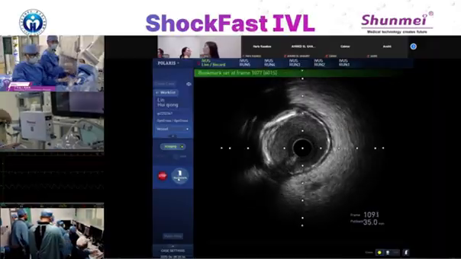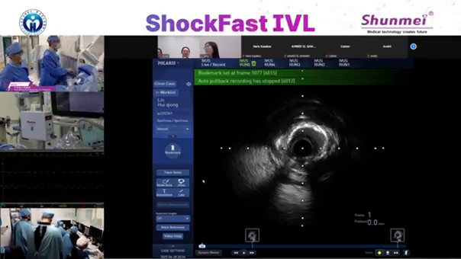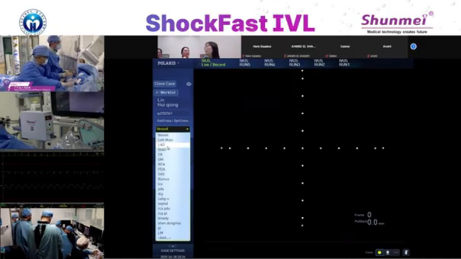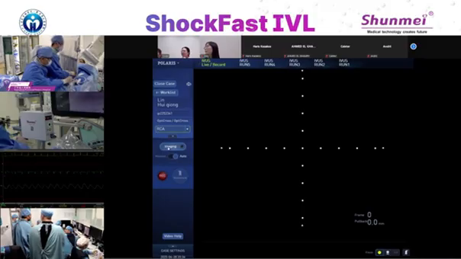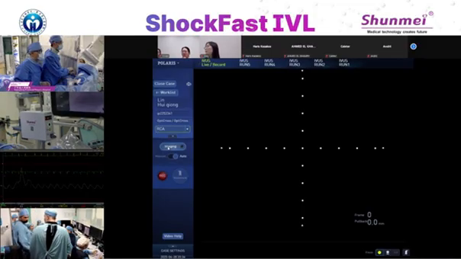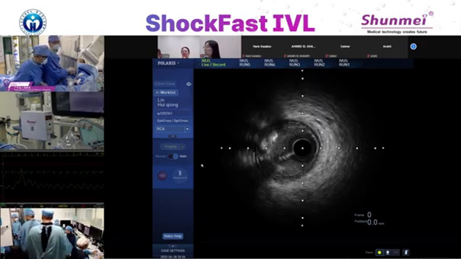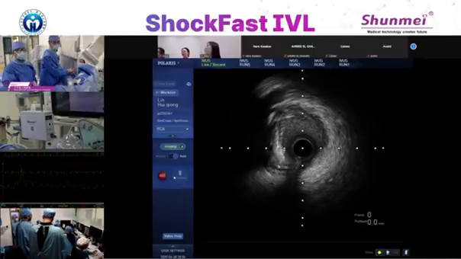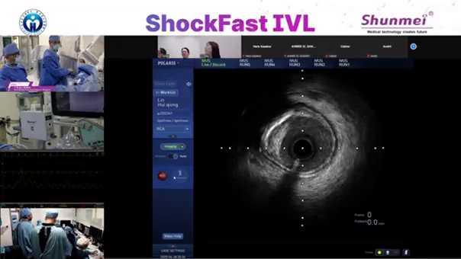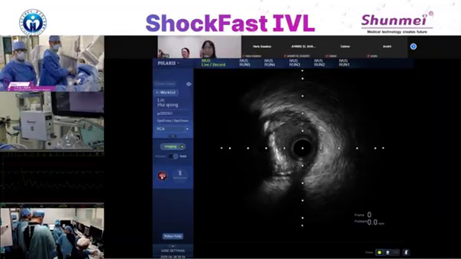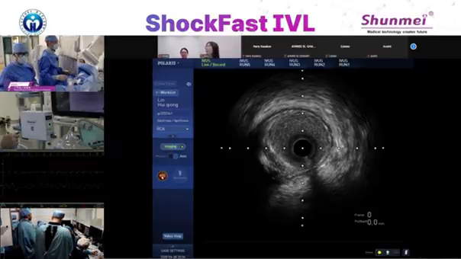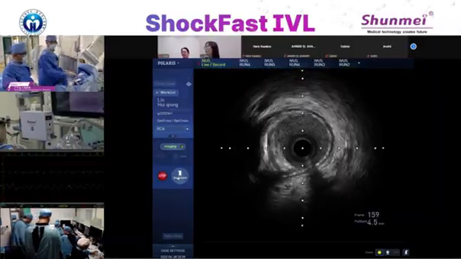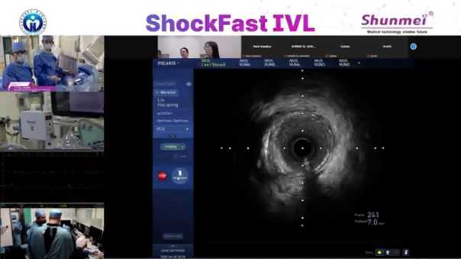Now I'm checking the proximal span. Make sure nothing deforms, nothing shortening.